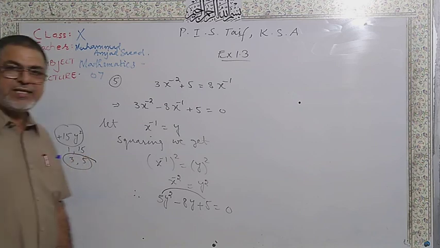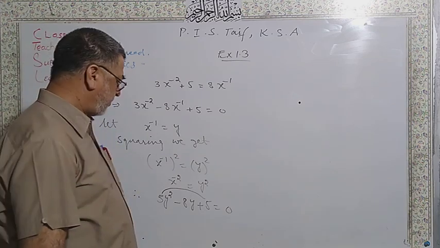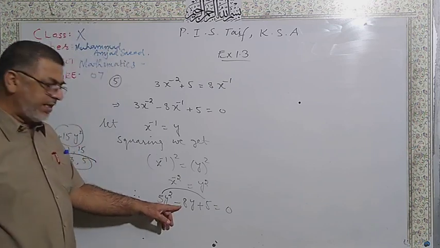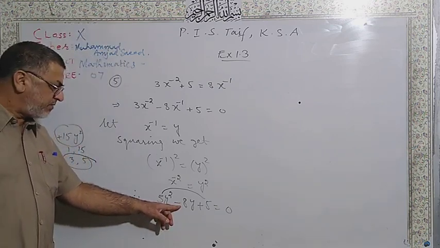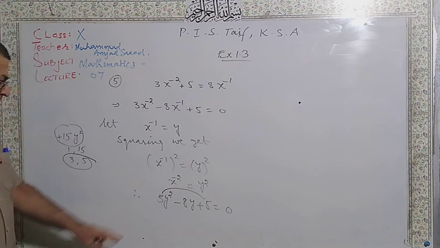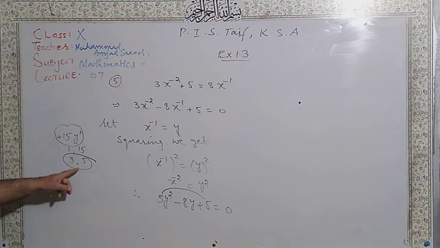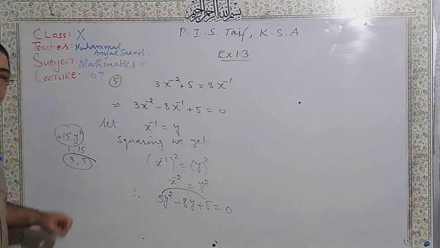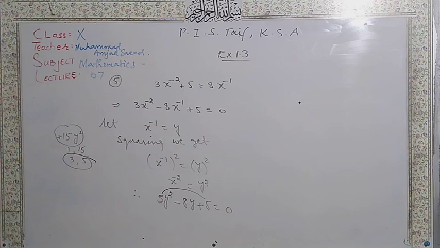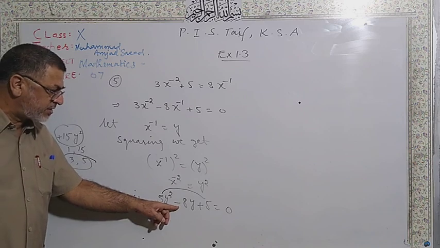But remember that the sign of the central term, positive or negative, will be written along with the bigger component of your pair. The bigger component of the pair will have the sign of the central term.